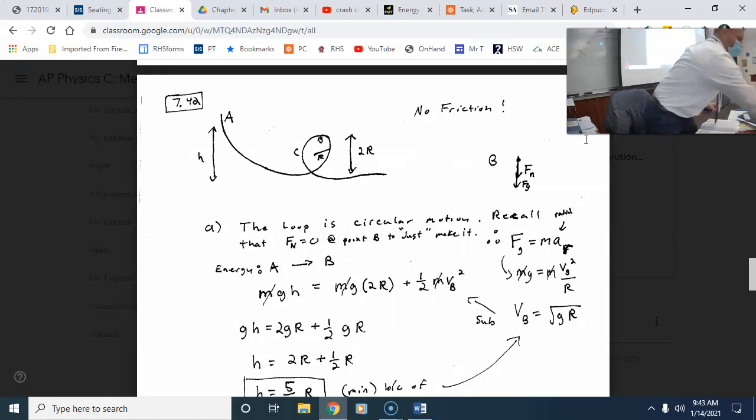One thing we did with vertical circles was always make the positive direction the direction towards the center. So at different positions, the positive direction could change. If I'm at the bottom, up is positive because towards the center is positive. If I'm at the top, down is positive because towards the center is positive.